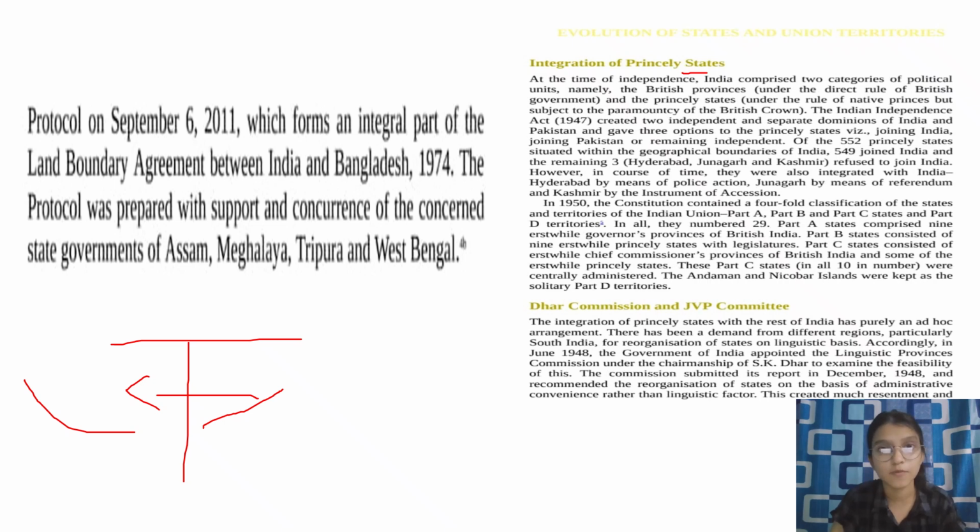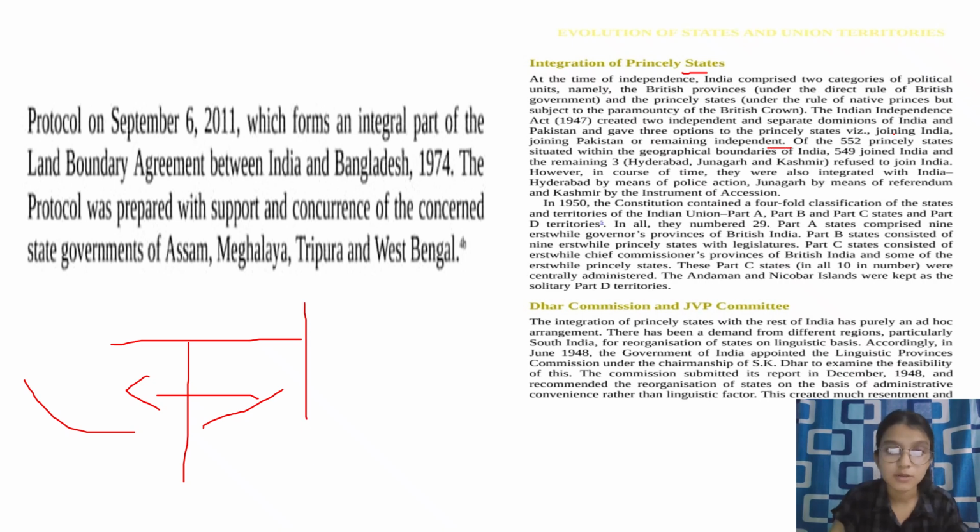These are the two types of classification that we were under. The Indian Independence Act 1947 created two independent and separate dominions, India and Pakistan, and gave three options to the princely states: joining India, joining Pakistan, or remaining independent.